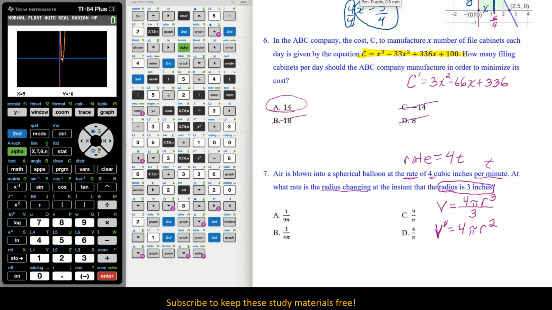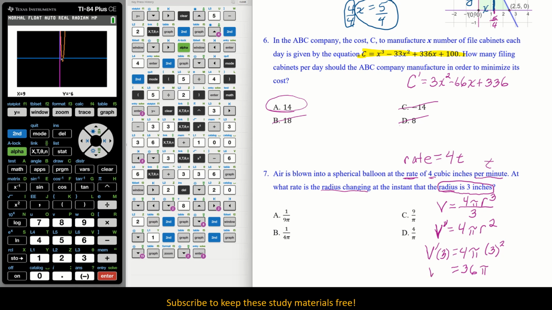It says at 3 inches, so V prime of 3 is 4 pi times 3 squared, so this will be 36 pi.